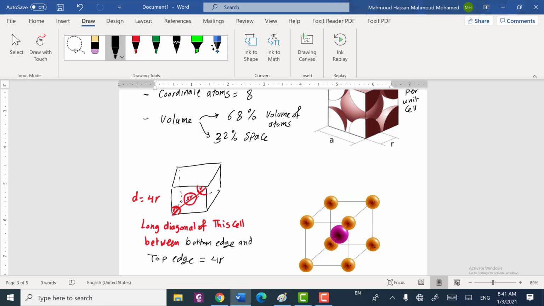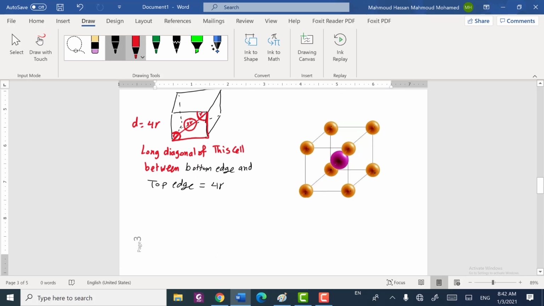Take another diagonal, a diagonal like that. Looking at another diagonal, drawing another cube: this side represents x, this side represents x, and take this diagonal.